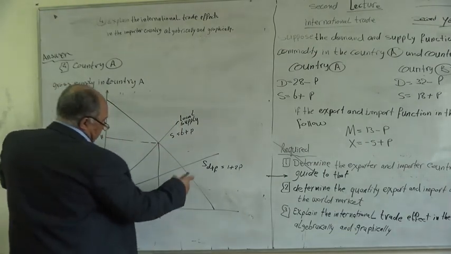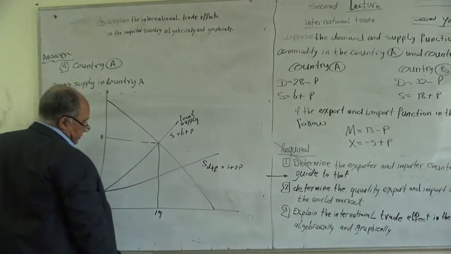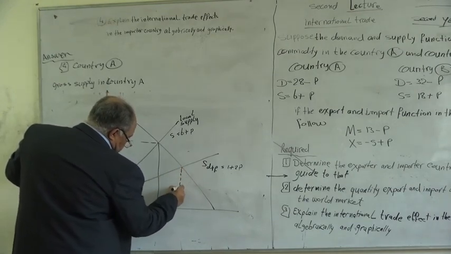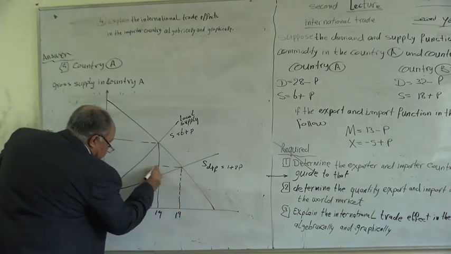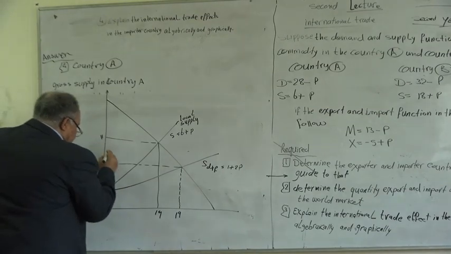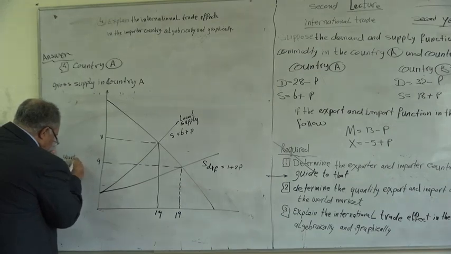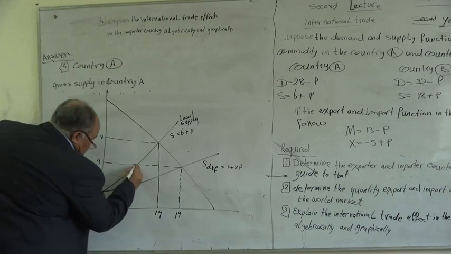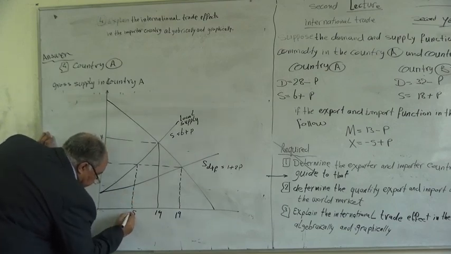The gross supply intersects the local demand at 19, and the price is not 11 but lowered to the world price equal to 9. At 9, the producer in country A does not produce 17 but 15.